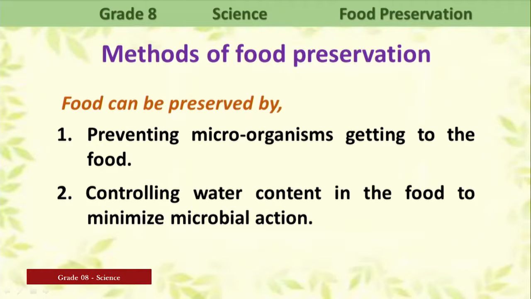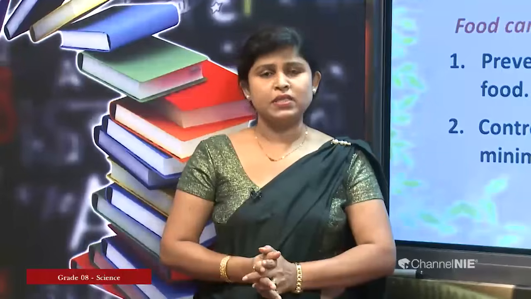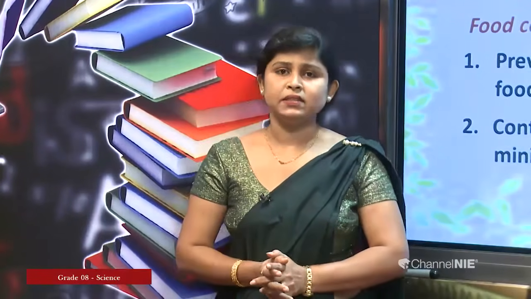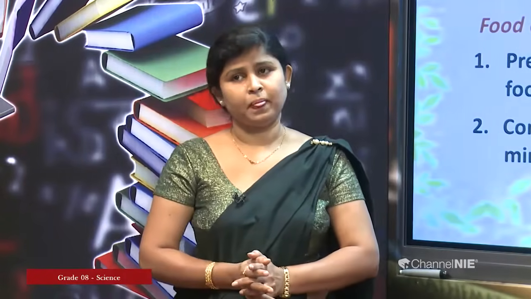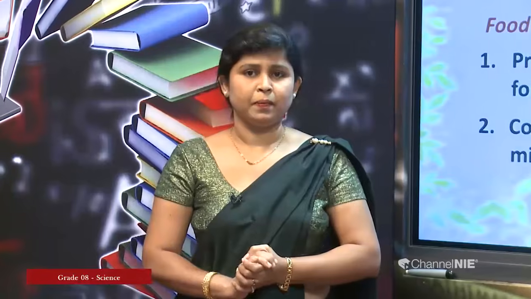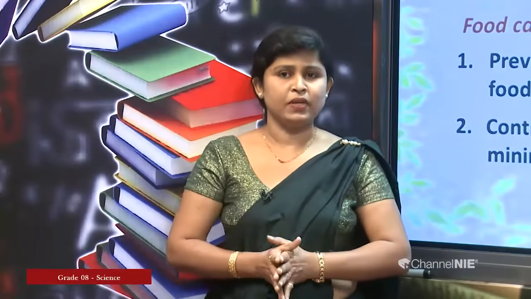Then, controlling water content in the food to minimize the microbial action. Here I want to say that microorganisms need certain conditions to grow. First thing is they need a favorable substrate with nutrients.